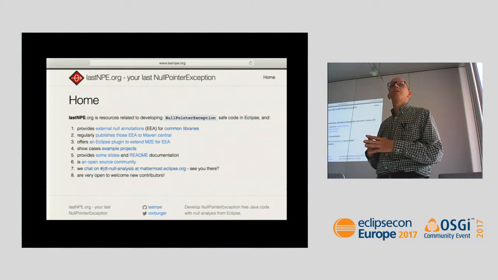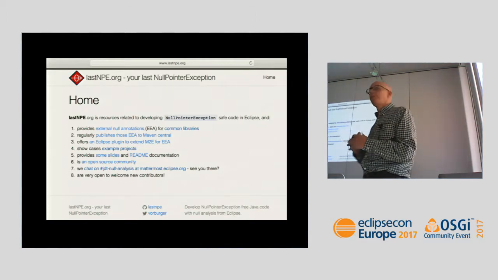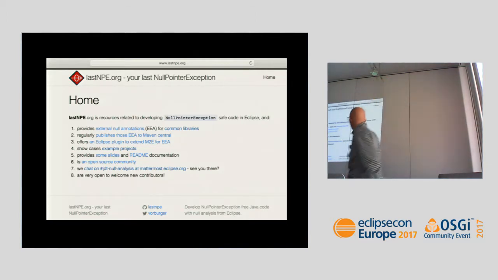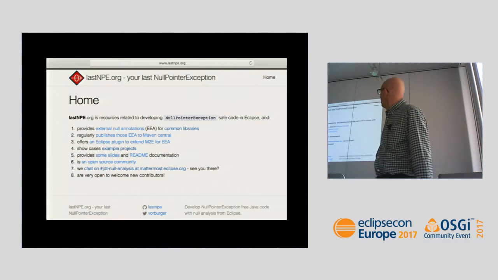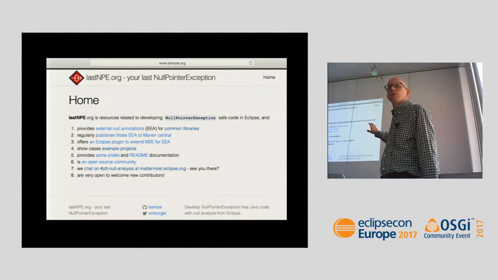They have made some progress. If you haven't been there, it's also interesting. He also has the slides somewhere from last year's presentation. For some libraries, they now also have external annotations. So go there. We didn't use any of this because this is too new.